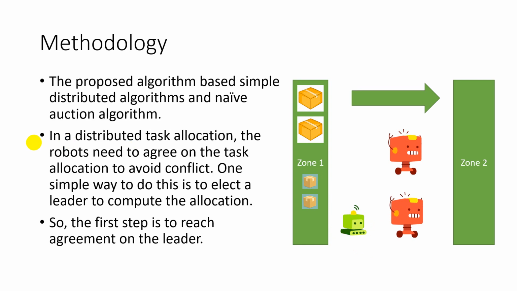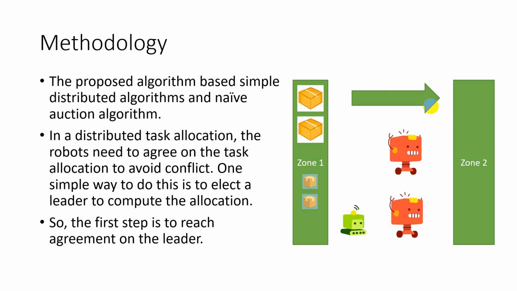Here I propose an algorithm based on simple distributed algorithms and naive auction algorithms. Because this is a distributed task allocation, there is no centralized entity to assign those tasks to those robots.